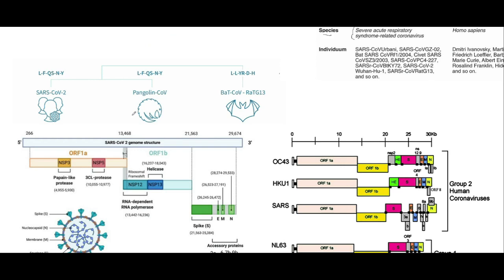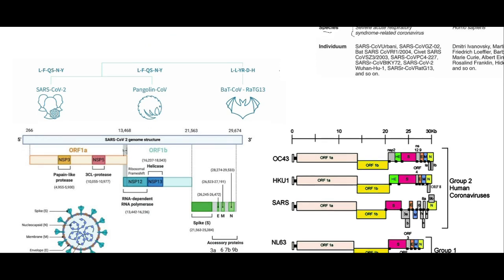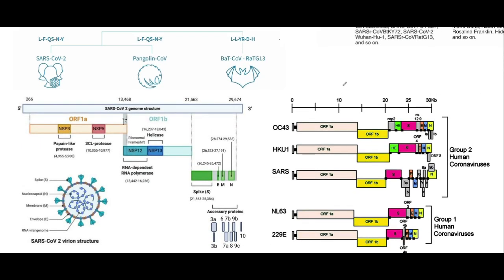To look at the genomic structure of SARS-CoV-2, its genome is a single strand of RNA, and it has these two open reading frames. That's what ORF stands for, open reading frame.